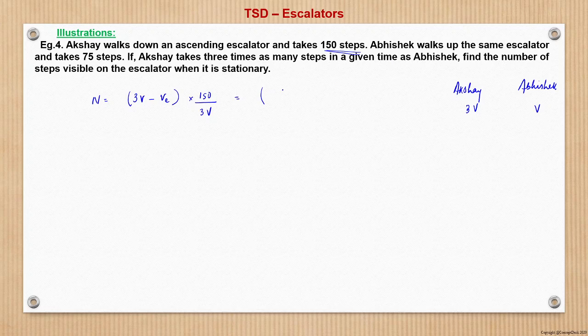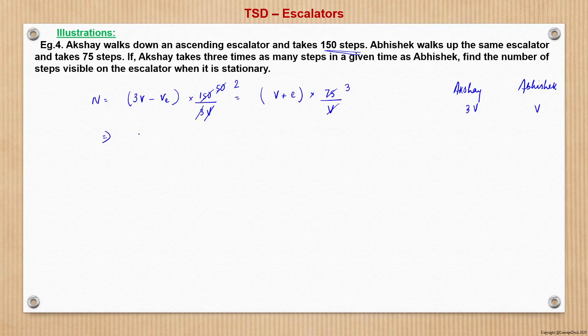This will be equal to the case for Abhishek. Abhishek walks up the same ascending escalator, so effective speed will be V plus Ve, and he takes 75 steps. So Abhishek covers 75 steps at a speed of V, so time will be 75 by V. When we equate the two, V gets cancelled out. 3 cancels 150 50 times, 50 will cancel 25 2 times, and here 3 times.